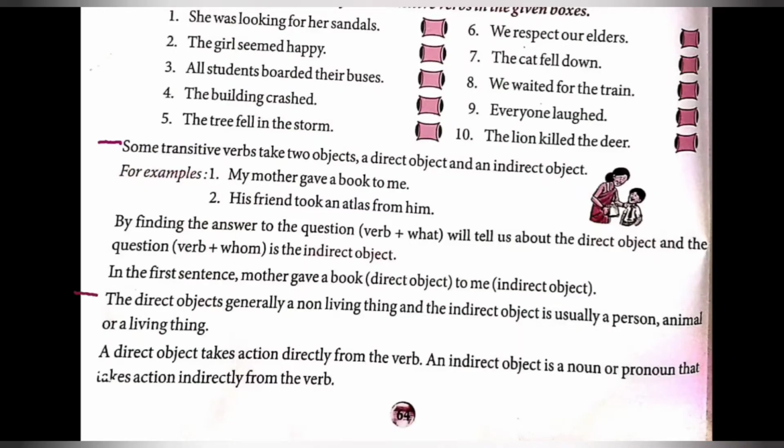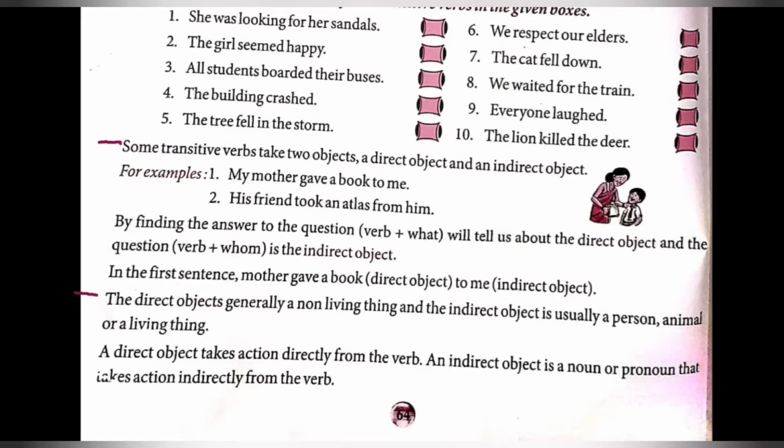The direct object is generally a non-living thing, and the indirect object is usually a person, animal, or some living creature.